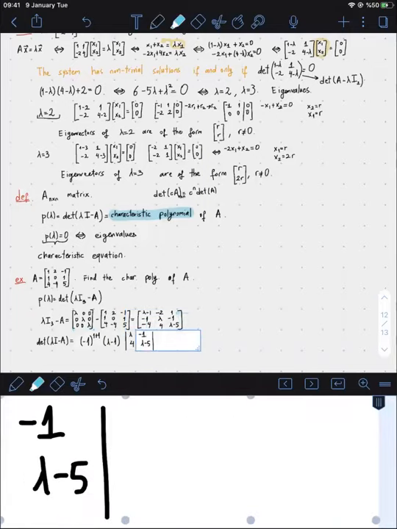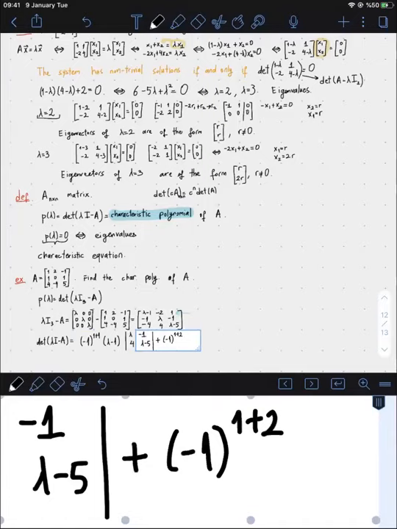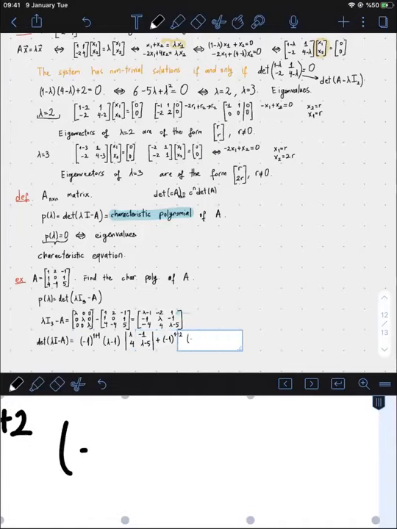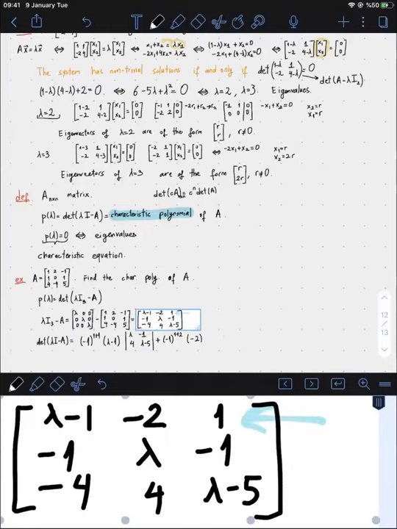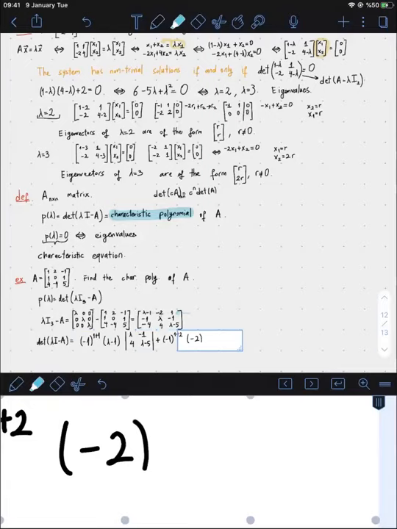Then I go to the second entry, the 1, 2 entry. So minus 1 to the power 1 plus 2, and I multiply it with the number there, which is minus 2. This time, if I erase this row and this column, what do I get? I get minus 1 and minus 1, minus 4, and lambda minus 5.